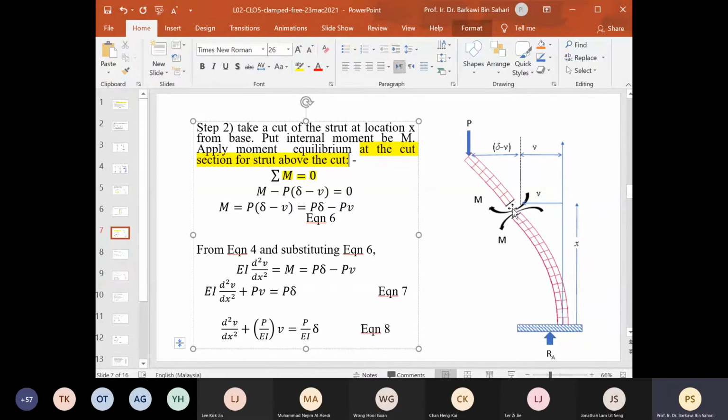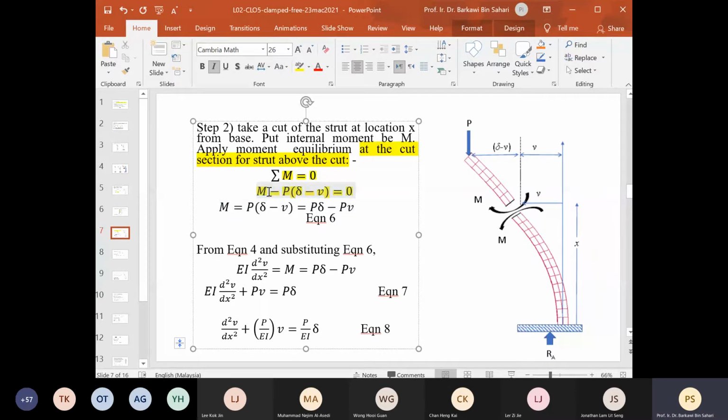At the place where we cut, the bending moment is M, and due to P, it is at the distance delta minus V. So we have M minus P multiplied by delta minus V equal to 0, and the direction of P multiplied by delta minus V is opposite to this M, so it's negative.